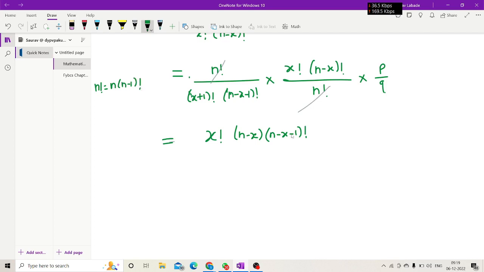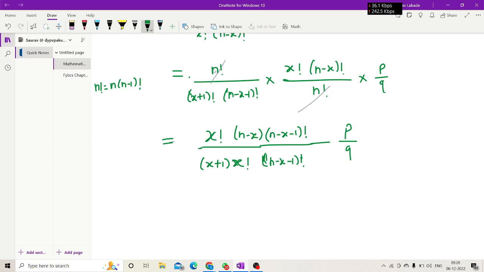Similarly, (x plus 1) factorial is (x plus 1) into x factorial, and (n minus x minus 1) factorial is as it is, multiplied by p by q.